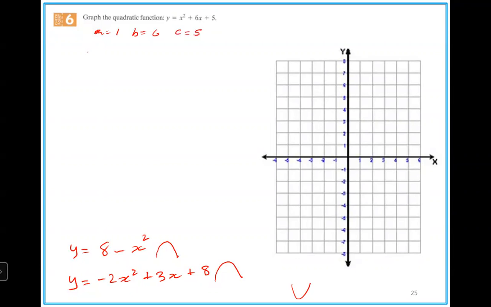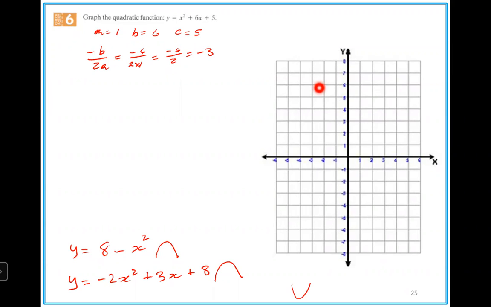So if you're looking for minus b over 2a, it'll be minus 6 over 2 times 1, so that's minus 6 over 2, which is equal to -3. Okay, so that's -3.